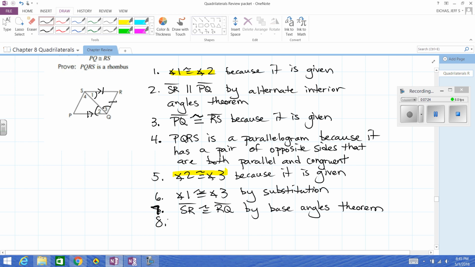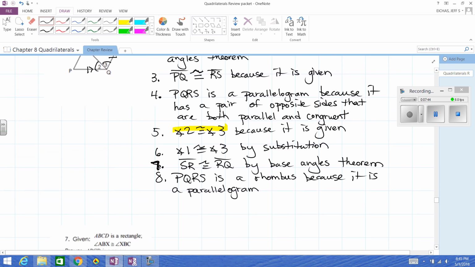And again, PQRS is now upgraded to a rhombus because it is a parallelogram with a pair of adjacent sides congruent. That's all it takes.